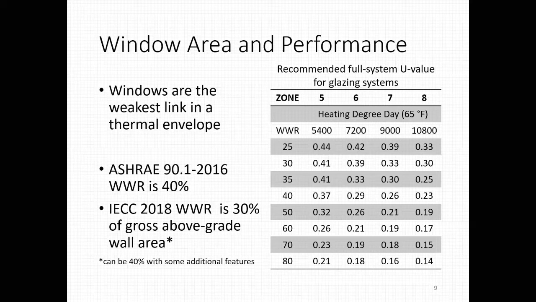But we have these benchmarks for energy performance that we need to use. And it's going to vary. Like I said, it varies based on the climate that you're in and what your goals are. But this chart more than anything shows the relationship between window to wall ratio, climate, and what the U values are doing as those things change, and to have the equivalent performance.